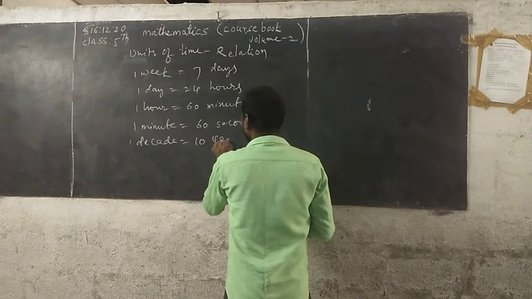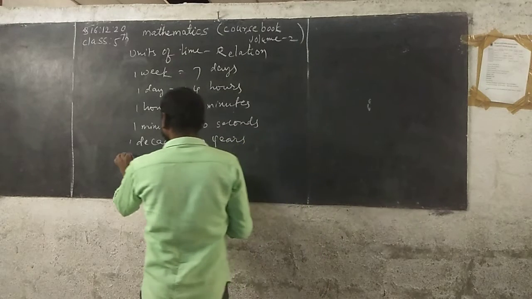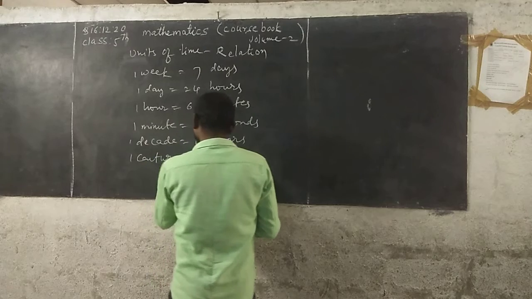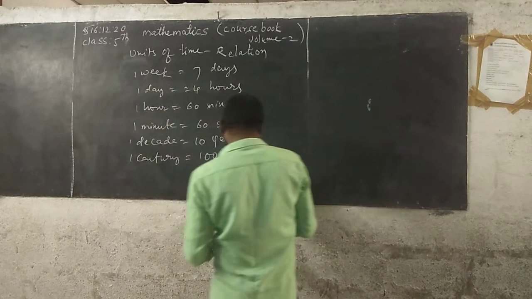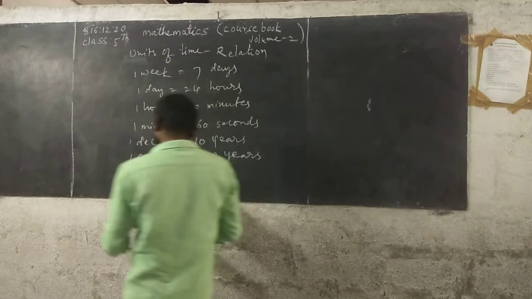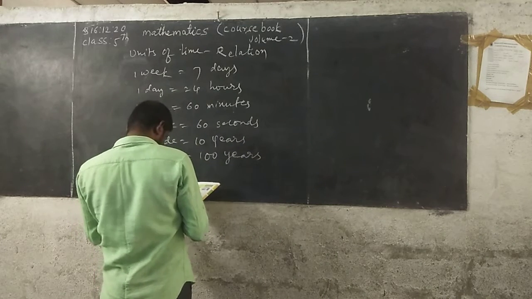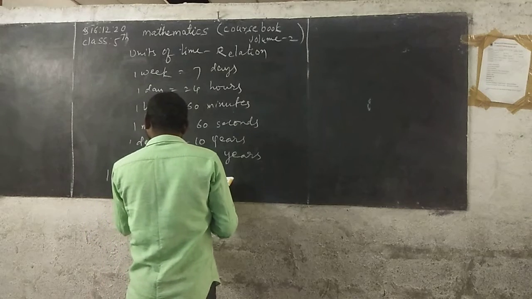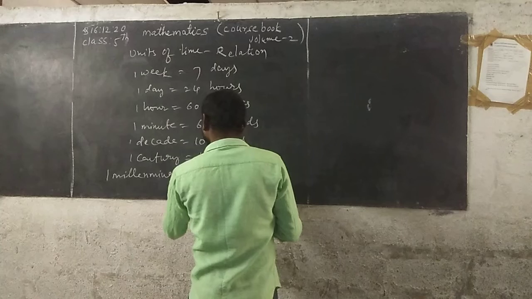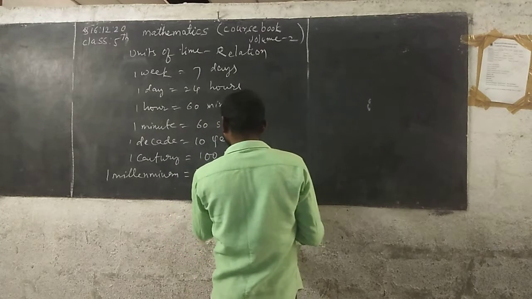Listen carefully. 1 decade is equal to 10 years. 1 century is equal to 100 years. 1 millennium is equal to 1000 years, beta.